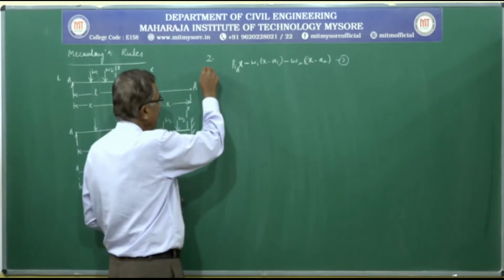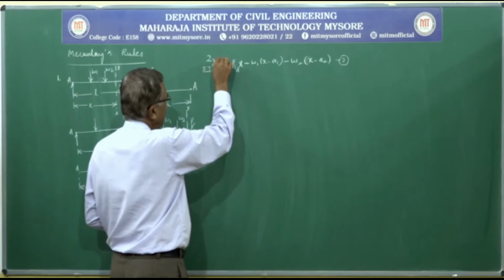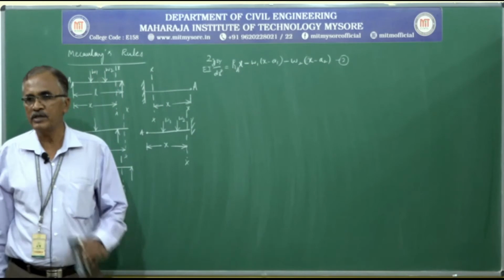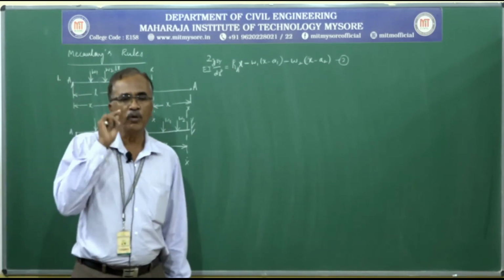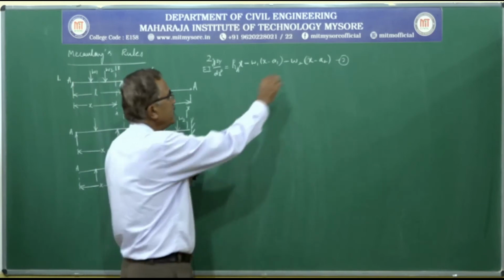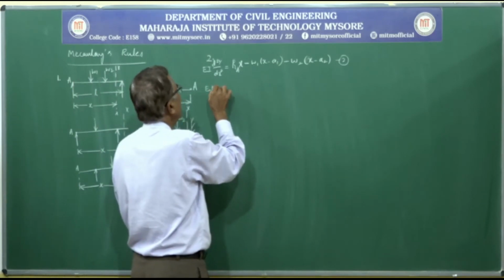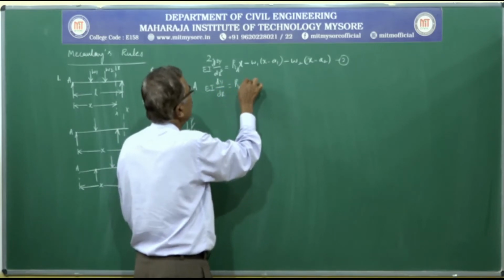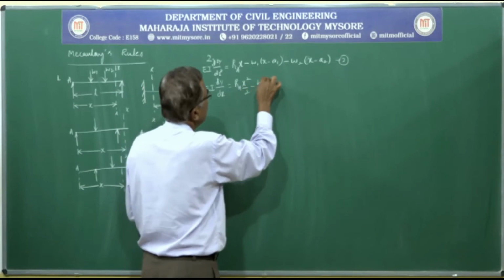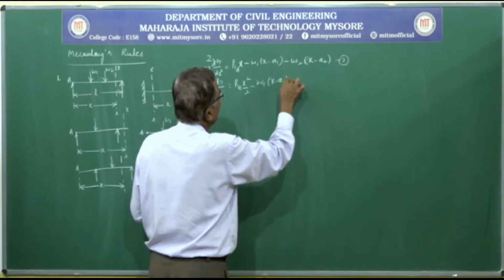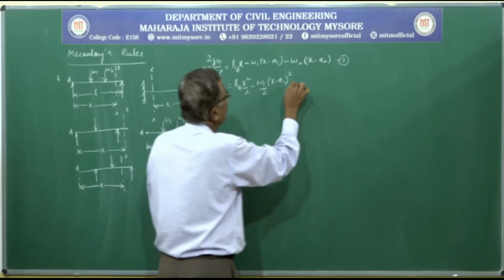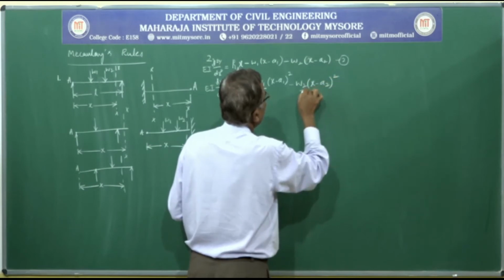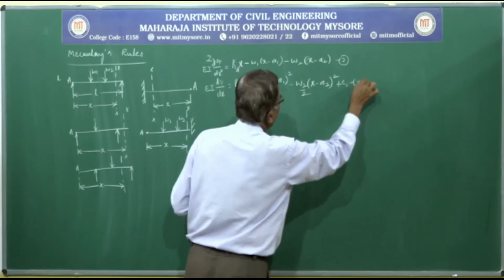So this is EI into d square y by dx square. If you integrate equation 2 successively twice with respect to x, we get two more equations. So the integration of this is EI into dy by dx is equal to RA into x square by 2 minus W1 into x minus A1 whole square by 2 minus W2 into x minus A2 whole square by 2 plus C1, like this we have integrated.